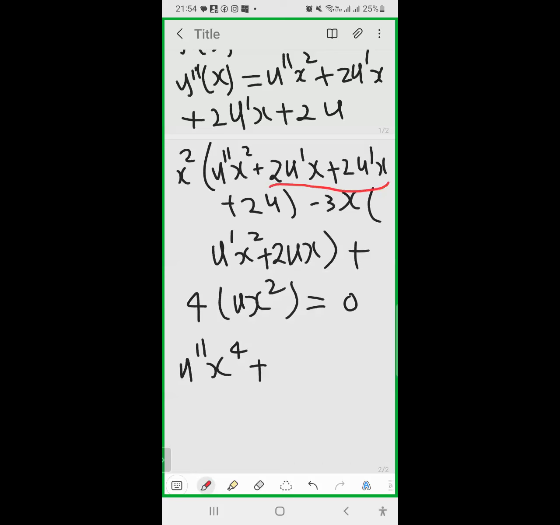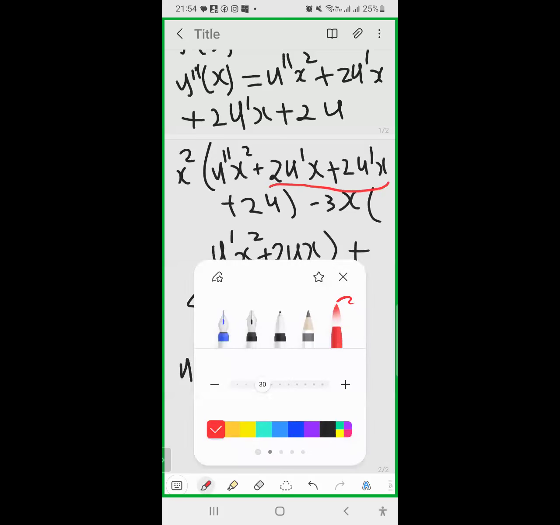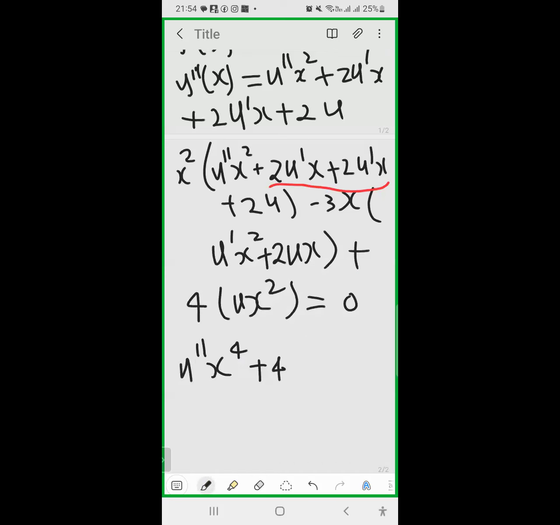So this is going to be 2 plus 2, that is 4, u prime of x multiplied by x squared. This will be 4u prime x cubed, and then plus 2ux squared.